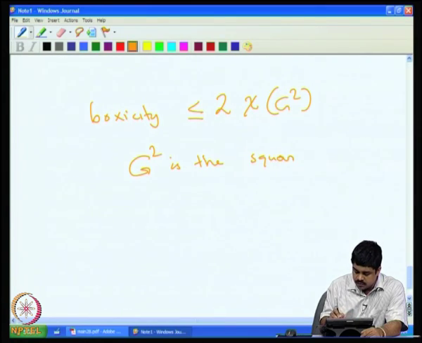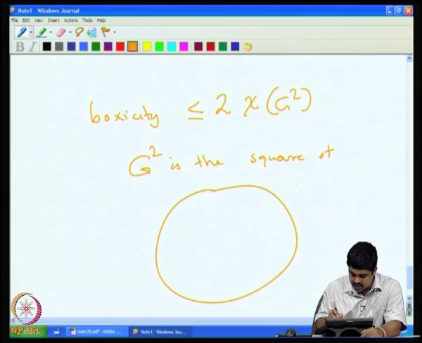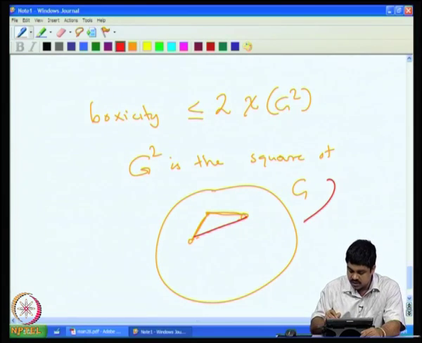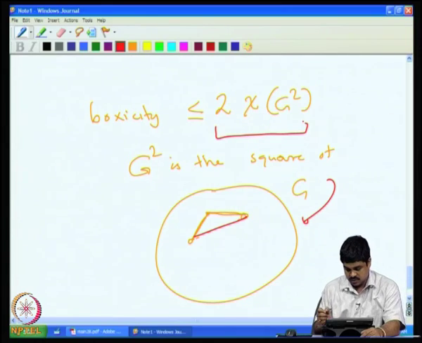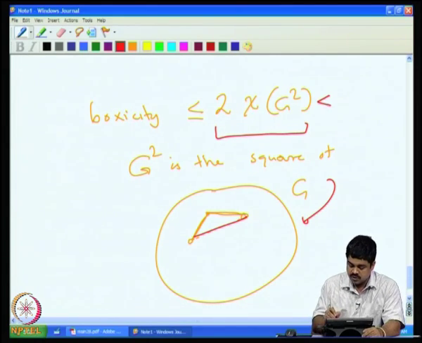Square means what? That means you take g, and along with that you add a few more edges. Whenever u and v are non-adjacent and at a distance of 2 in g, then we add this new edge. So the resulting graph is called g square. So 2 times the chromatic number of g square will be an upper bound for Boxicity.